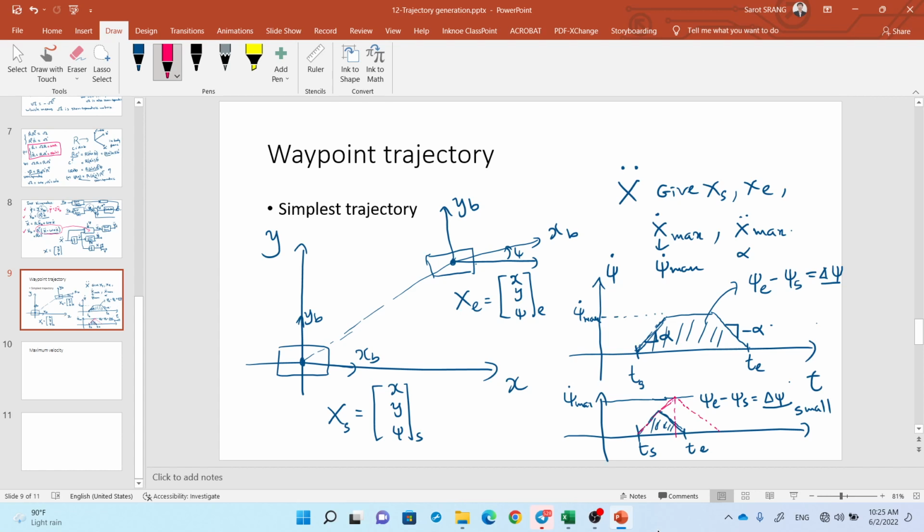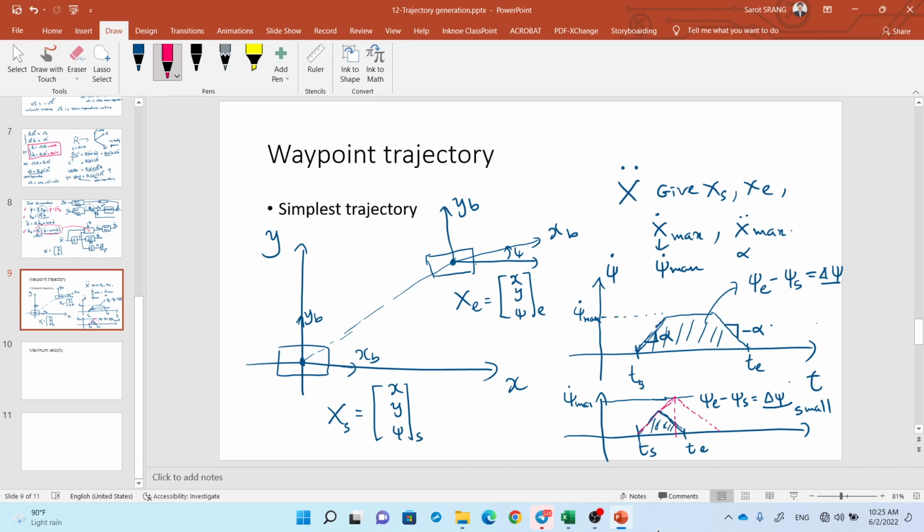So you know the height of this, and you know the slope of this line. Find the area under the triangle, right?